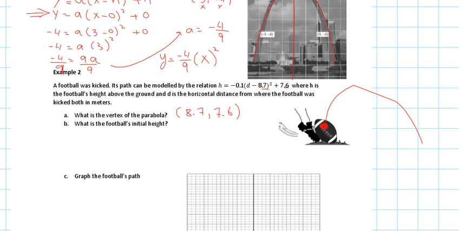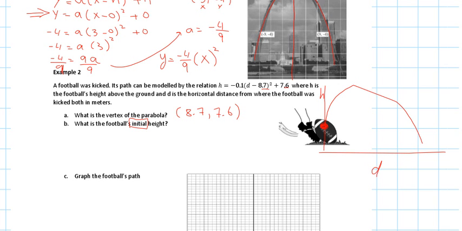There's no distance. So anytime we look at initial value, we're looking at the x, whatever the x is. In this case, the x is d, right? Because I have distance versus height. Instead of x, I have a d, and instead of y, I have h.